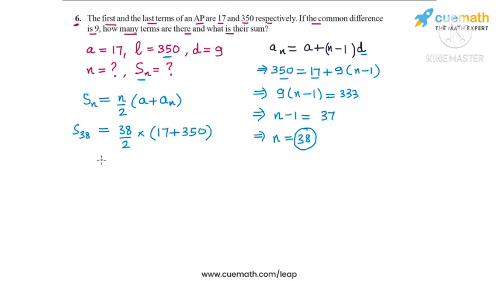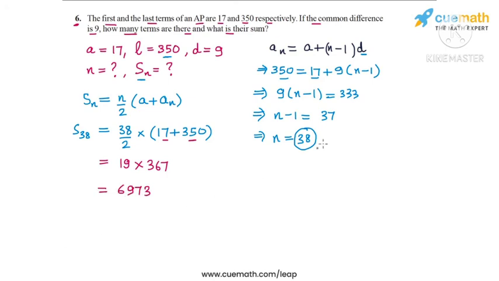And now if you calculate this, we will get 38 by 2 is 19 into 17 plus 350 is 367. So 19 into 367, this is equal to 6,973. So that completes the problem.